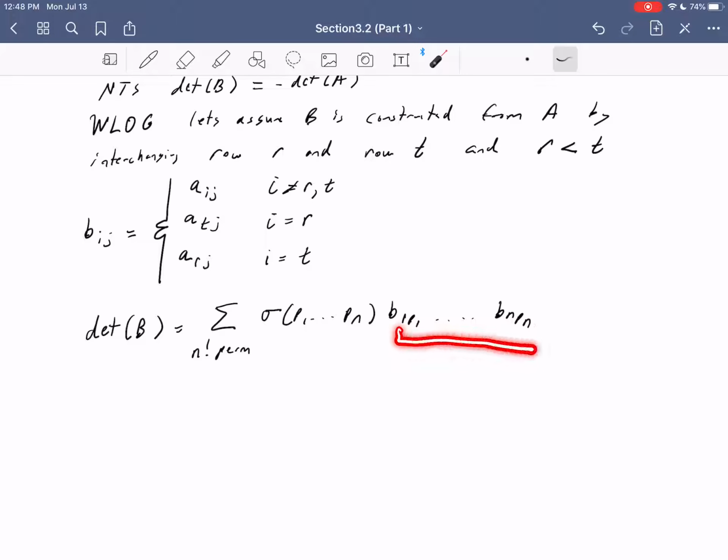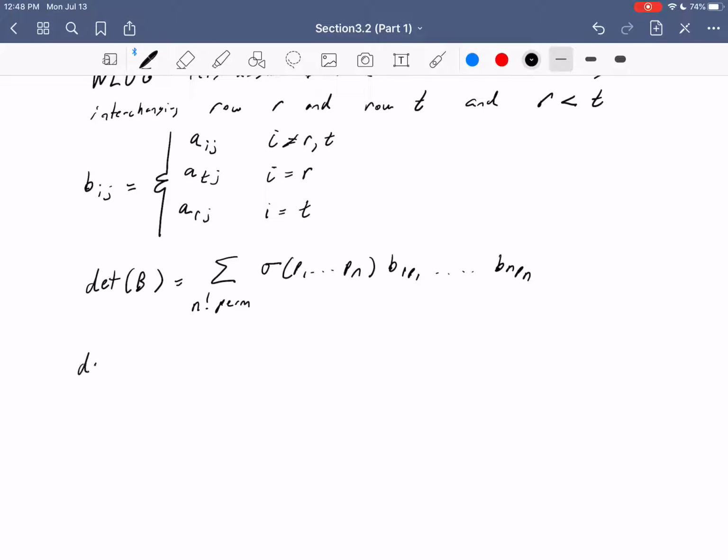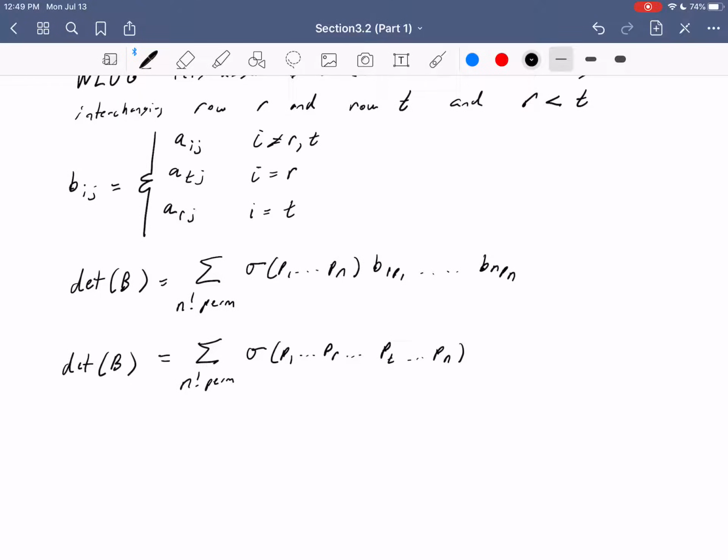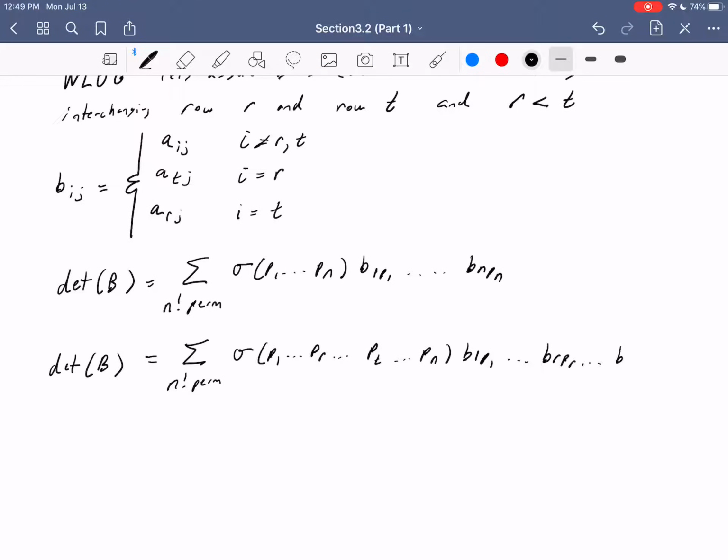Okay, let's write this out a little bit more thoroughly, and let's mention the important moment when we hit the Rth row and the Tth row of B. So the determinant of B is the sum over those n factorial permutations, the sign of each permutation, times B1,P1, and then all the way down, the first one we'll hit is BR,PR, then we'll continue down to BT,PT, and then we'll finish at BN,PN.